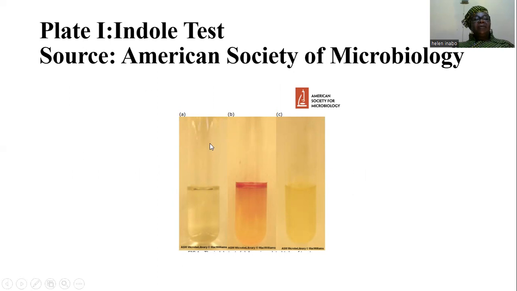On the left, the first tube there is the uninoculated tube containing the trypticase soy broth. The middle tube shows the positive indole test. Here, E. coli gives a positive indole test in which there is a red color, a red ring in the reagent layer.